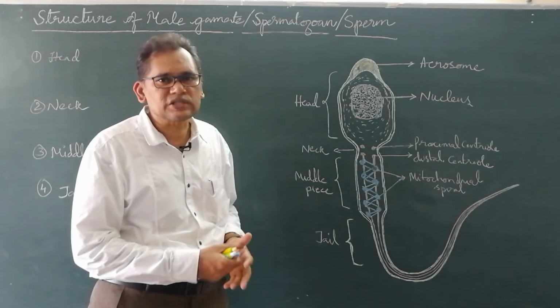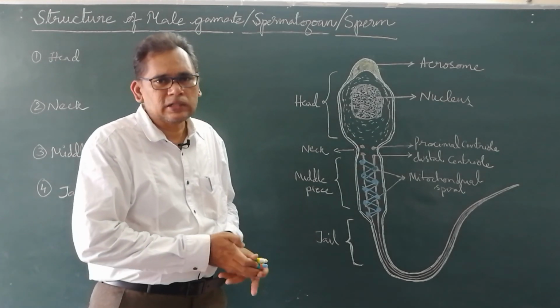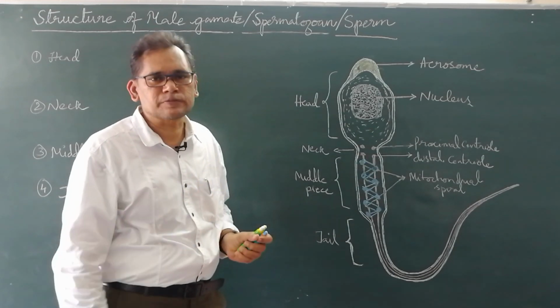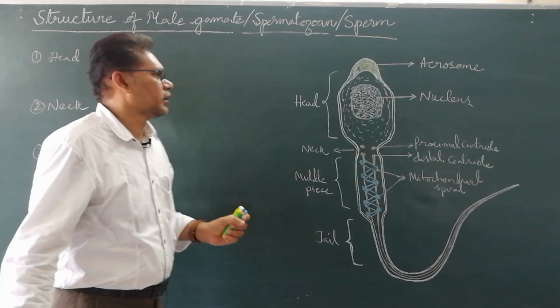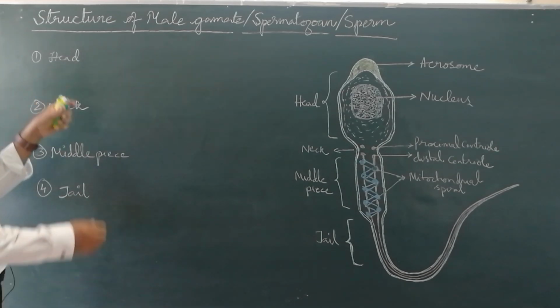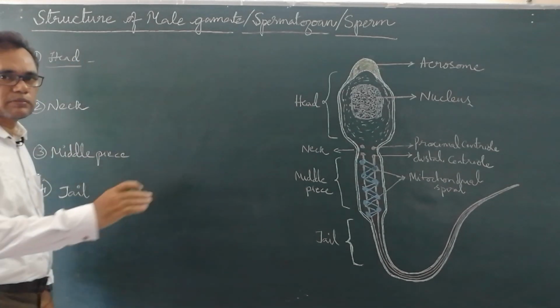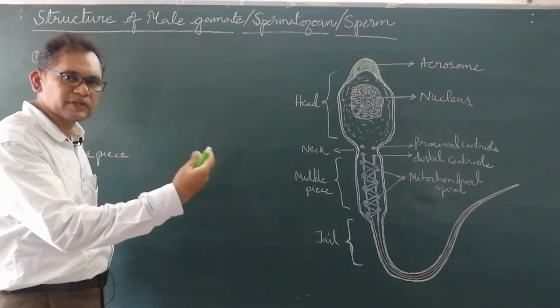First we will discuss what parts there are in a sperm or spermatozoa. Here is the head, the first part. This is the anterior-most prominent part of the sperm.